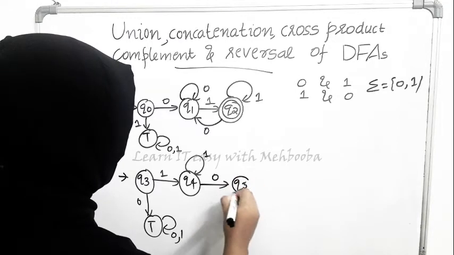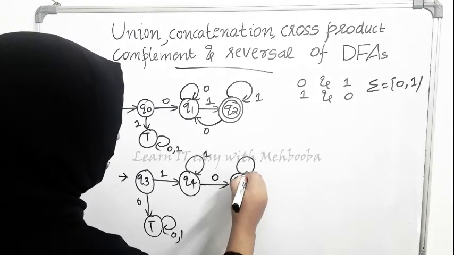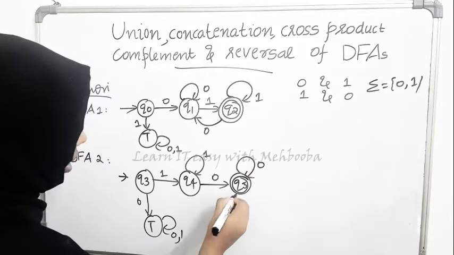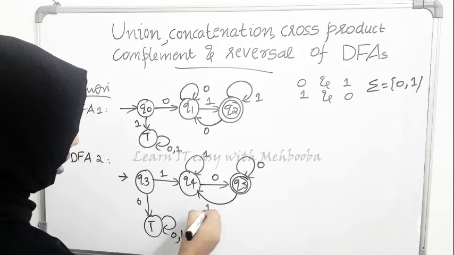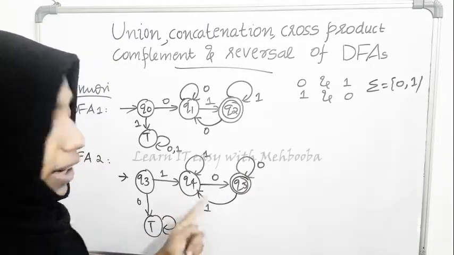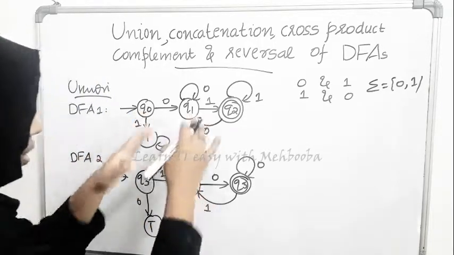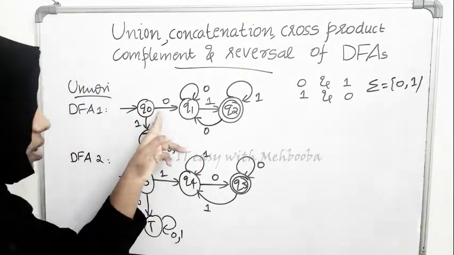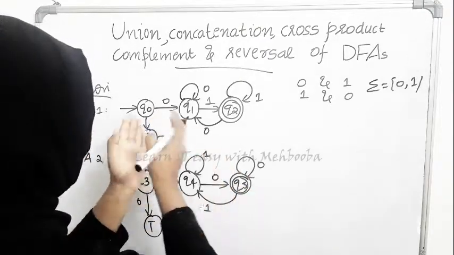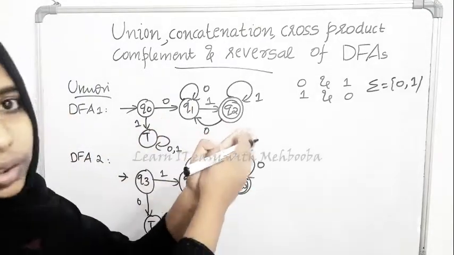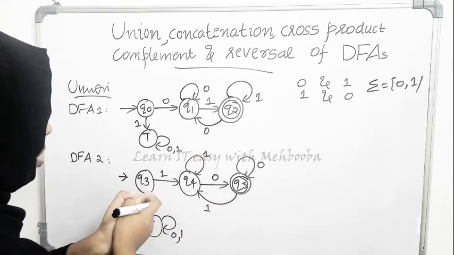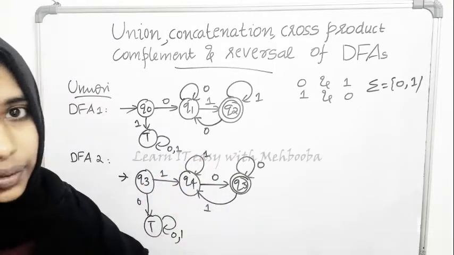Now Q5, you can have any number of zeros at the end, but if you are getting a 1, please come back to Q4 and wait for a 0 so that your string will still end with a 0. So these are the two different DFAs: one accepts all the strings that are starting with a 0 and ending with a 1, and this accepts all the strings that are starting with a 1 and ending with a 0, isn't it?